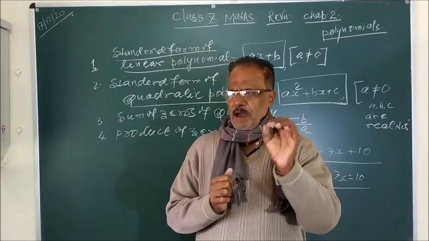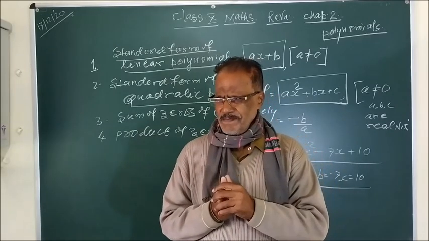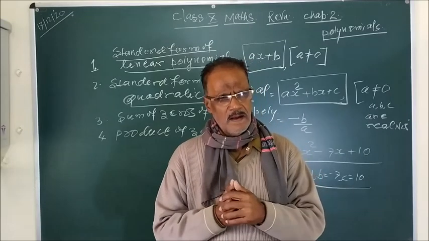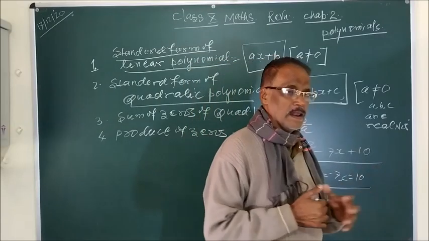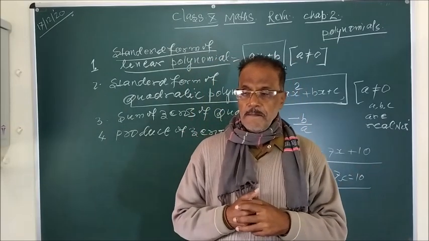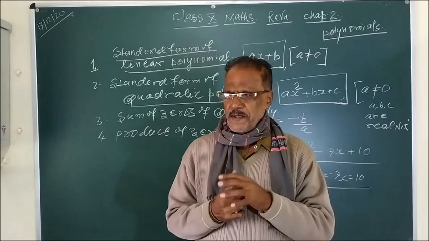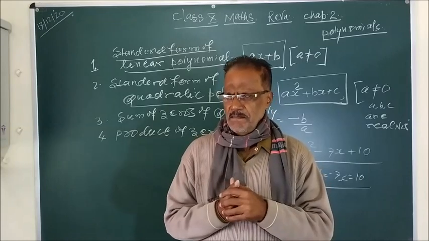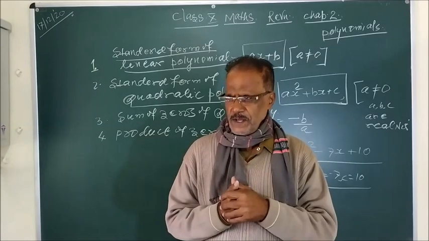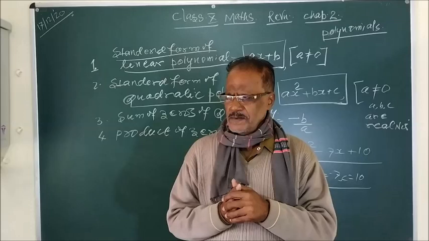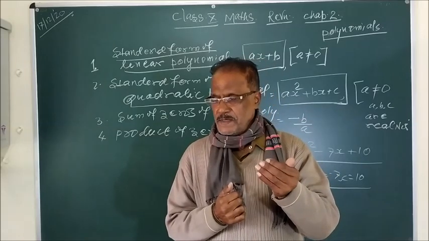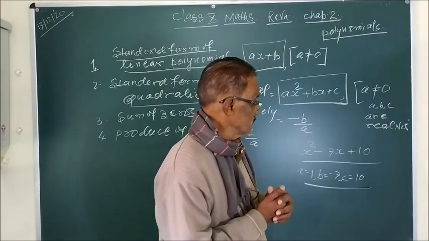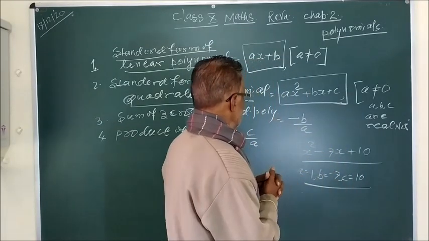The value of the variable of the given polynomial, if you put in any value, and after simplification we get 0, then that value of the variable is called a zero of the polynomial. So you understood the meaning of zeros.